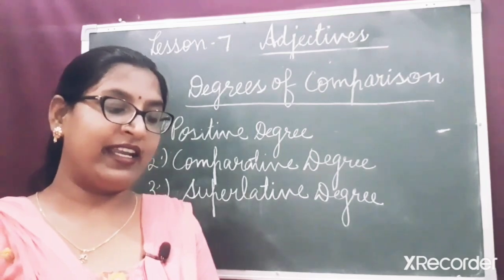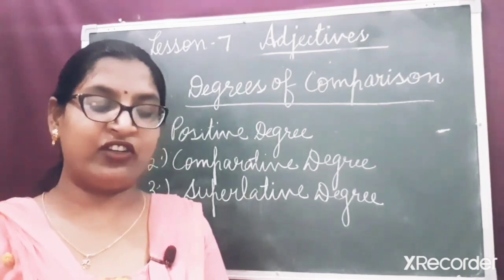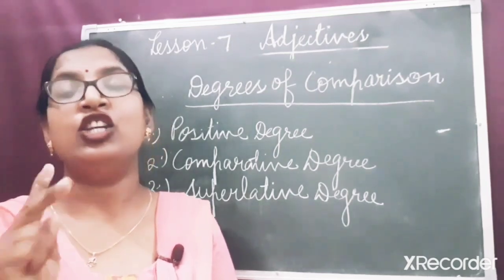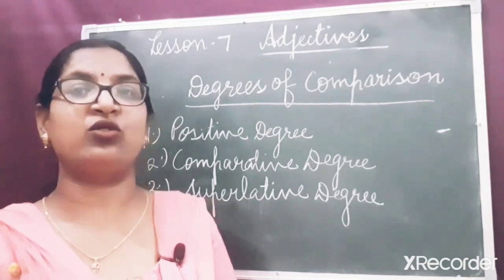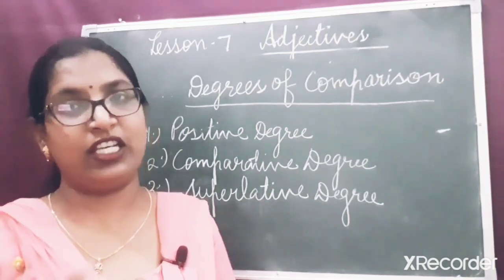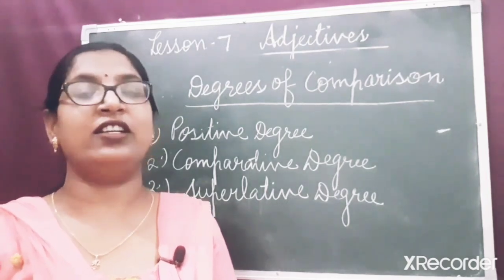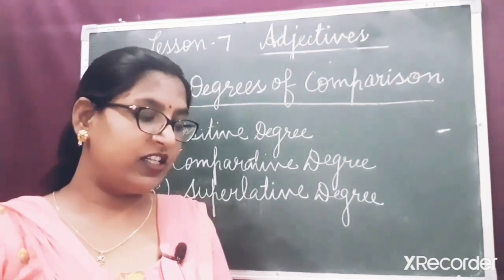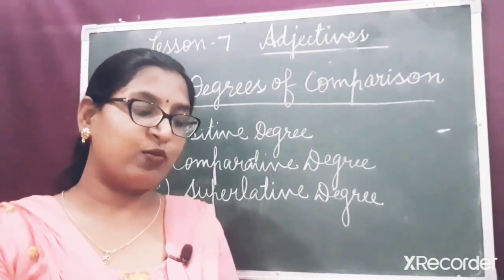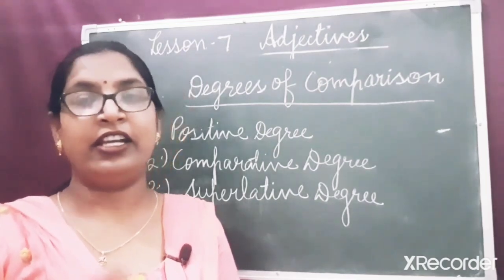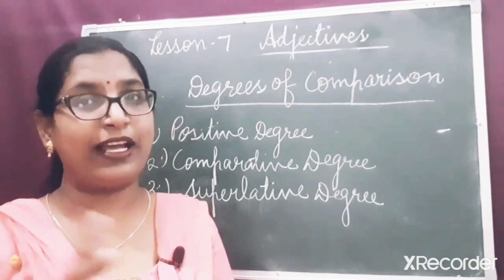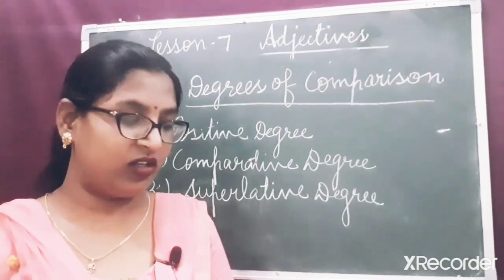Comparative degree: an adjective is in comparative degree when it is used to compare two nouns. When two things or two persons are compared with each other, we say the form of adjective is in comparative degree. Mercury is smaller than Saturn. Here Mercury and Saturn, two planets, are being compared with each other.